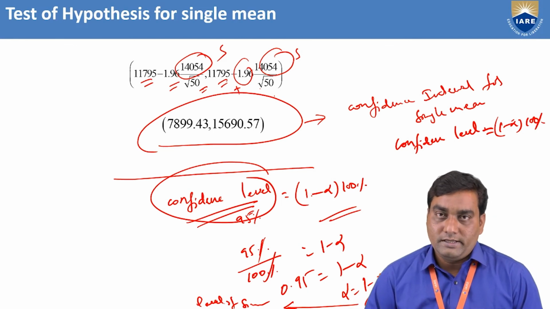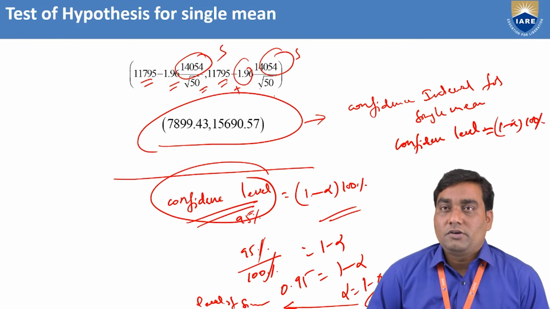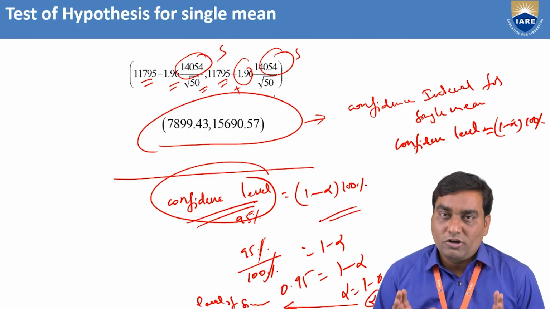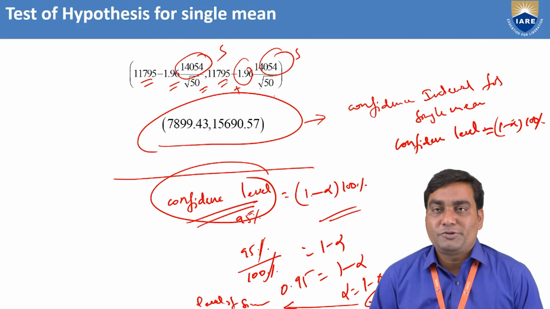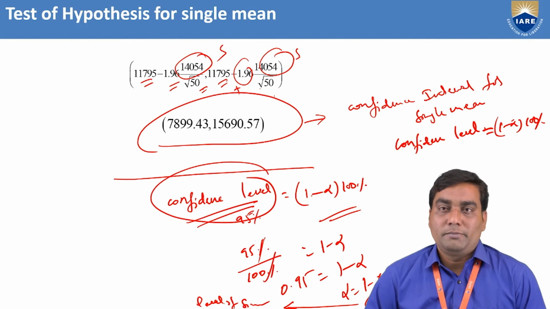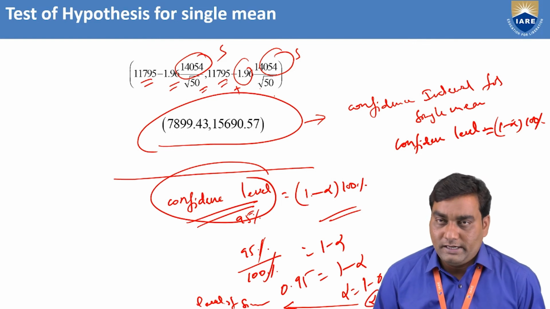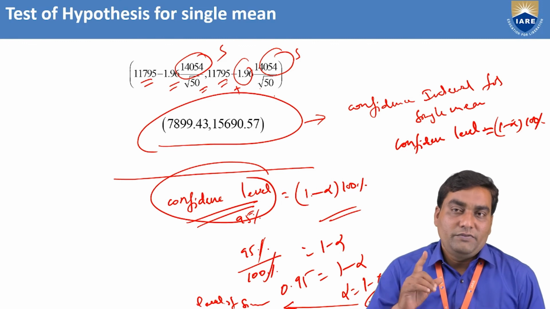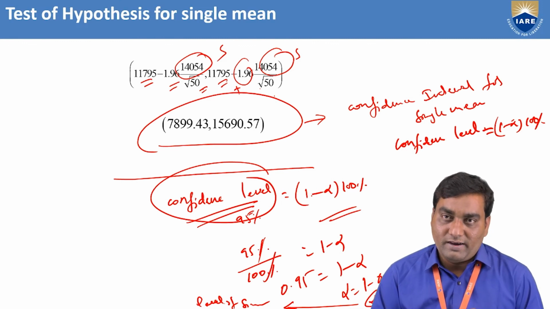This is the procedure for test of hypothesis for single mean. Based on the description of the problem, we should identify which test is suitable for the given problem. Blindly, we can remember: if it has only one sample, that it should be large.